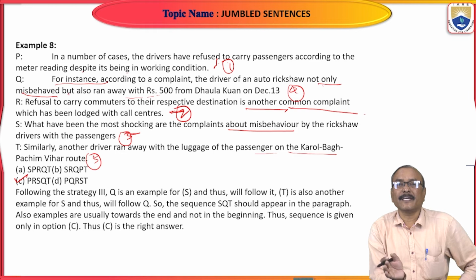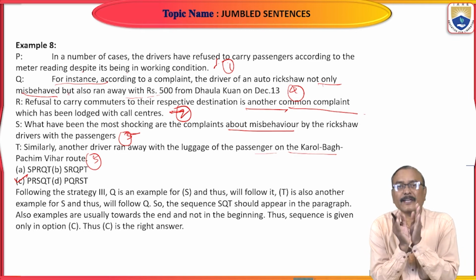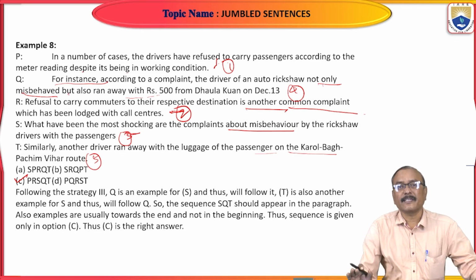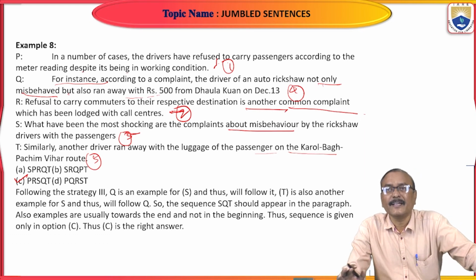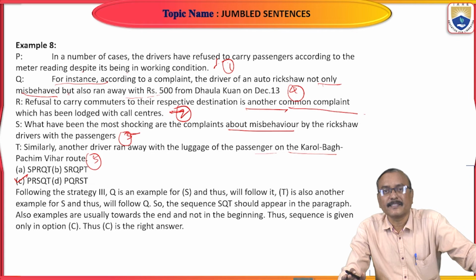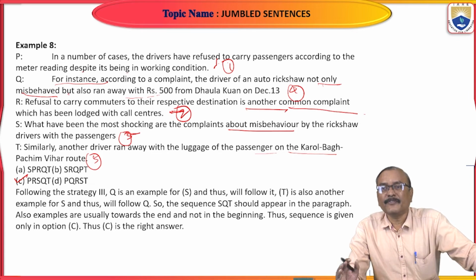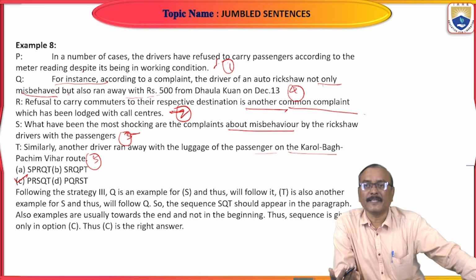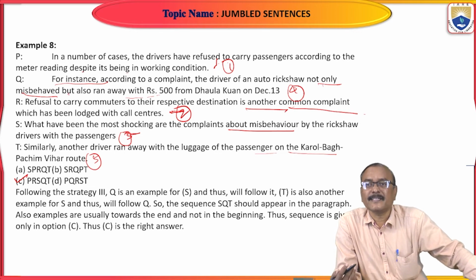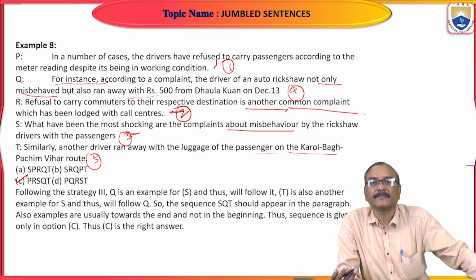Okay, we have to think here. First, if you are able to choose the first statement, slowly we can see the links. Is it clear now? Any doubt here? For example, this is not the first sentence. In R, another common complaint. So before that, one complaint should be there. What is the complaint? First, P is one complaint. R is another common complaint. S is about the misbehavior.